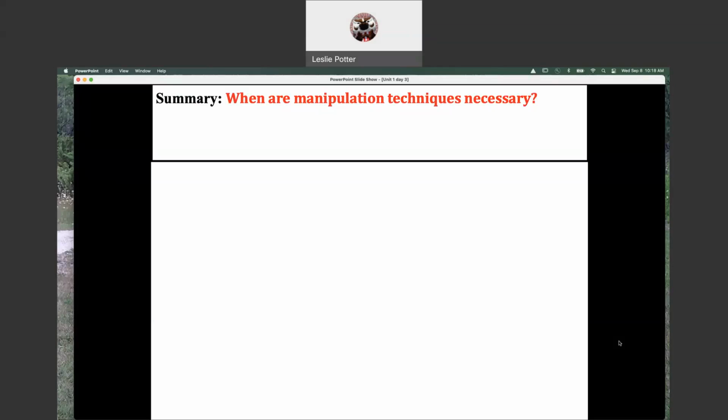All right, so when are manipulation techniques necessary? So this is getting into the notes. So you take the notes out so we can get that summary. When do we need to use methods E and F and G on the flow chart?